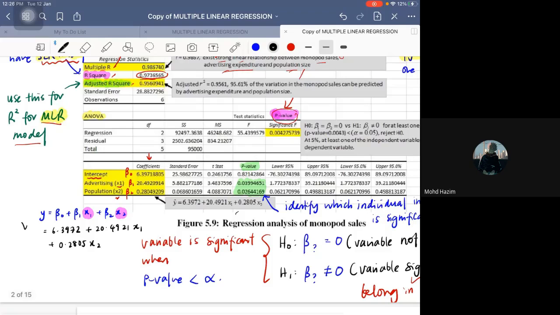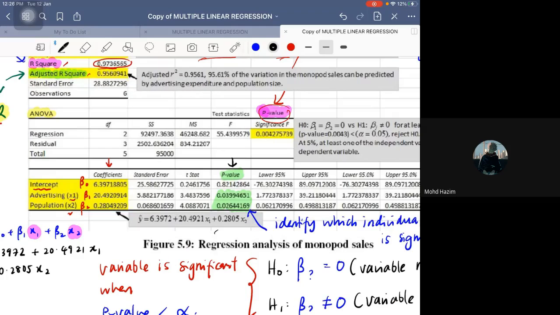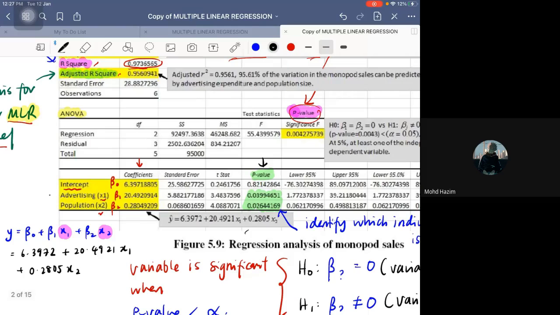Okay, and then we also have this p-value right here. What does it concern? It concerns the linearity test, what we did in the previous simple linear regression. It is the same idea. We test individually. We have two independent variables, which are advertising and population.